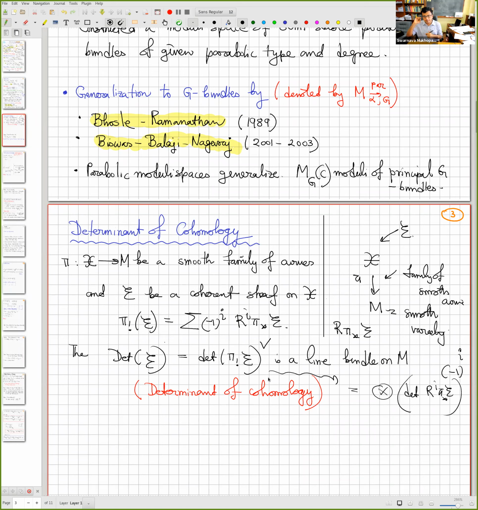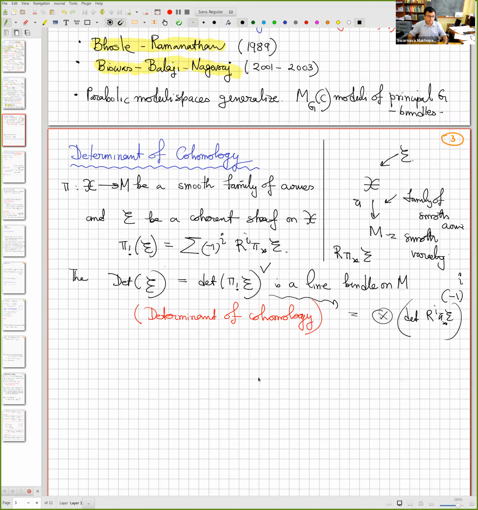So let me explain this determinant of homology and what this line bundle is, because somehow this is the main line bundle that we have with us.